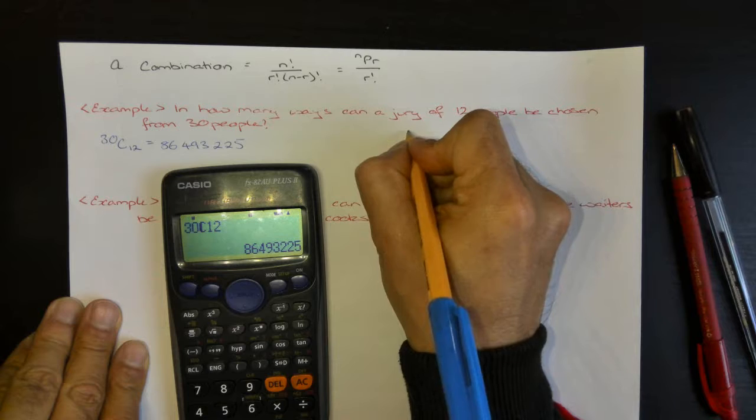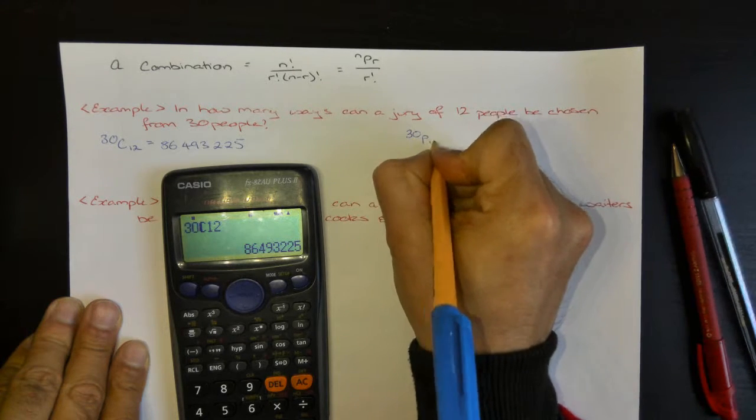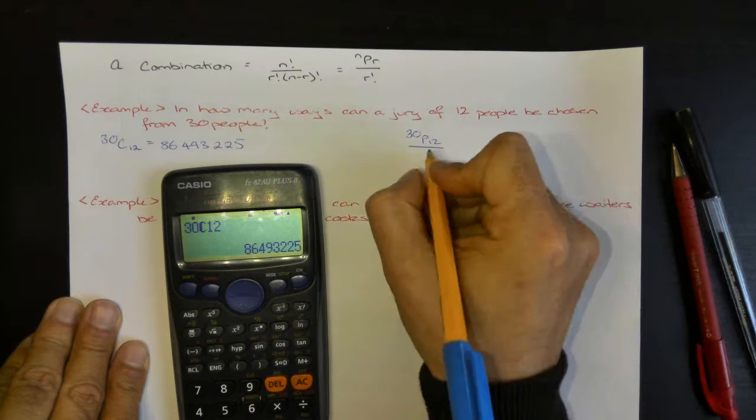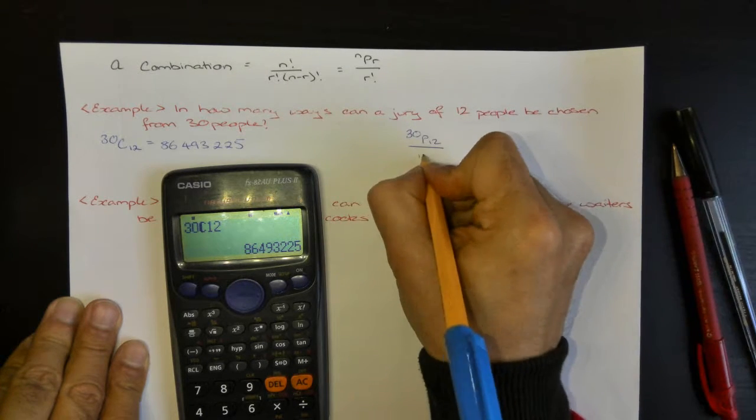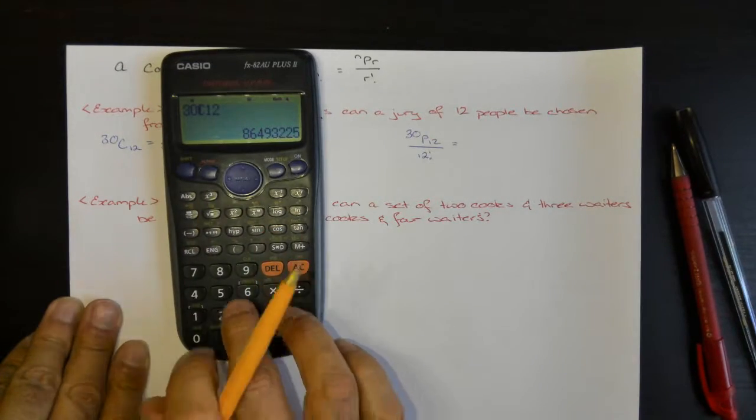And let's check if we do a permutation. If we've got 30 people and we want to permutate that with 12 different options, and then divide it by 12 factorial, we should get the same answer. Let's try.